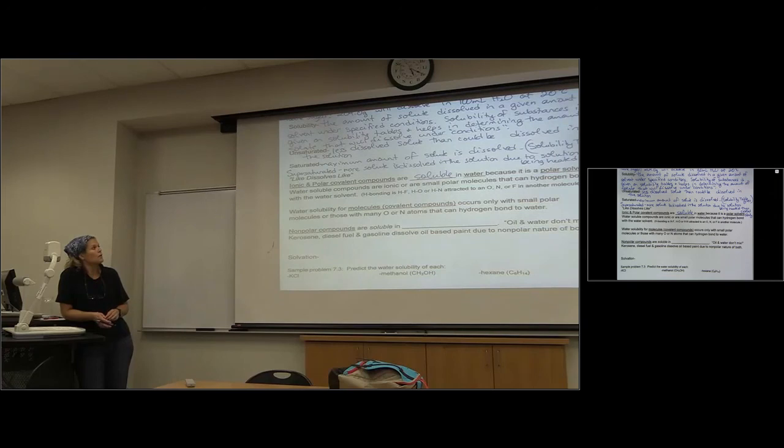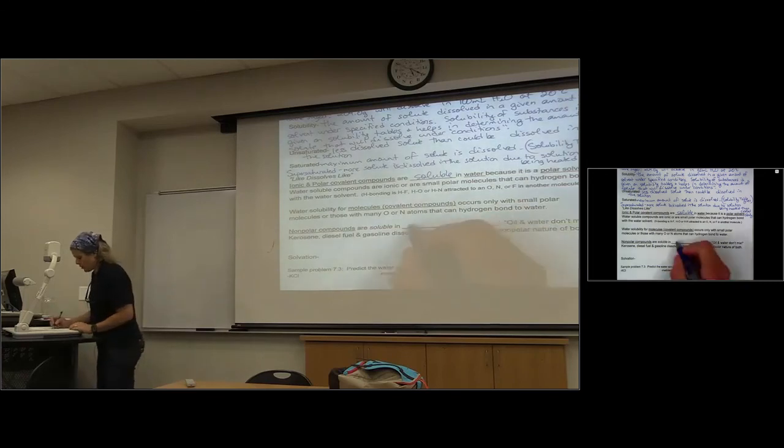Water solubility for molecules or covalent compounds can occur with small polar molecules or those that have many oxygen or nitrogen atoms that can hydrogen bond with water. Nonpolar compounds are soluble in nonpolar solvents.